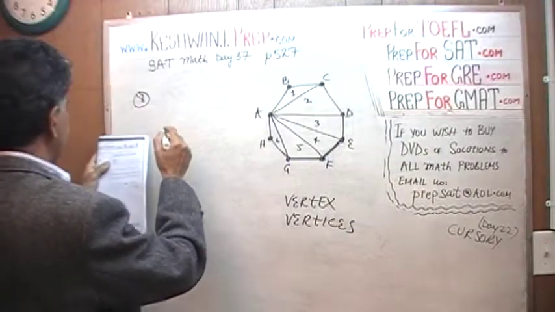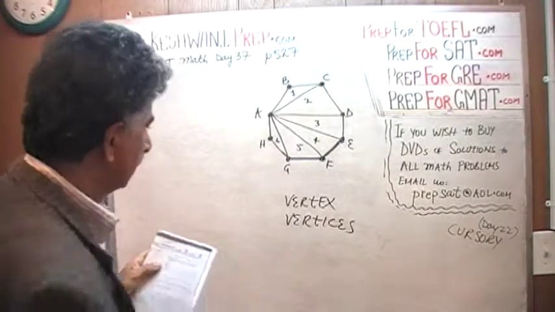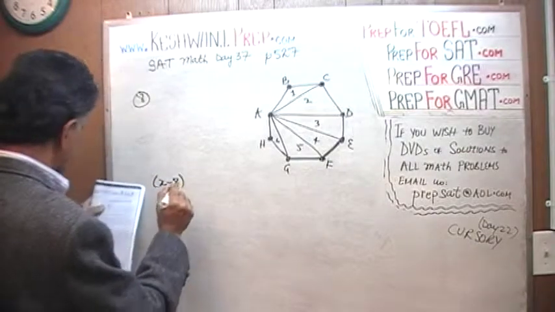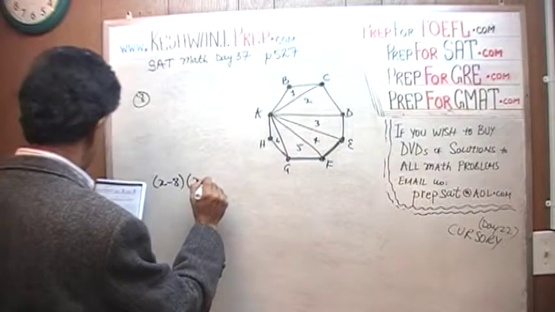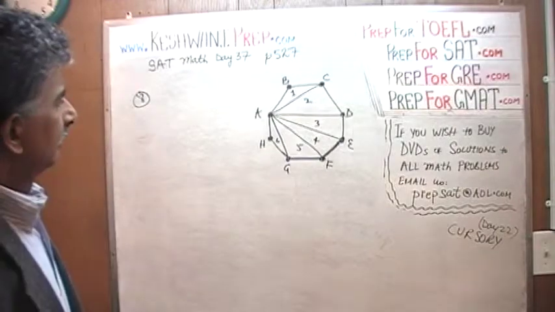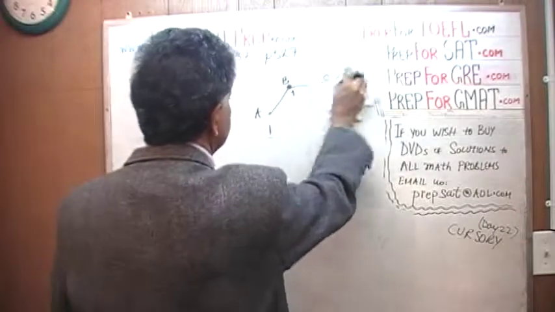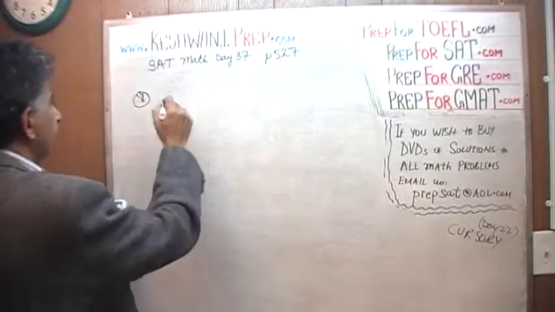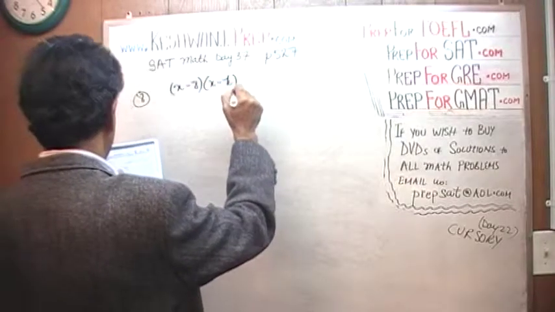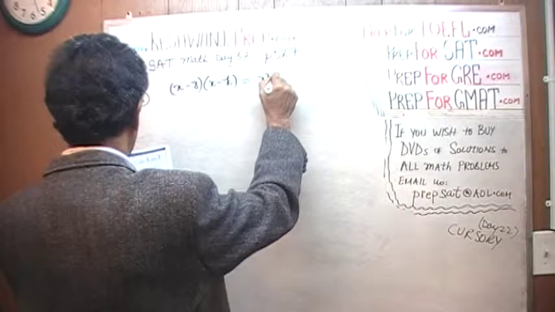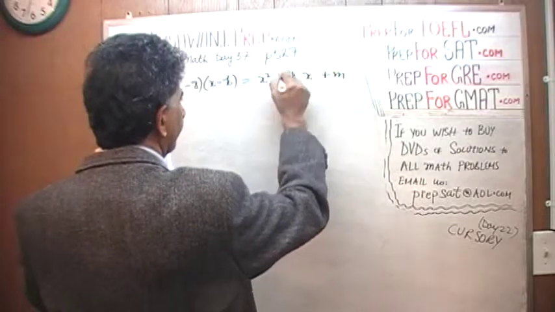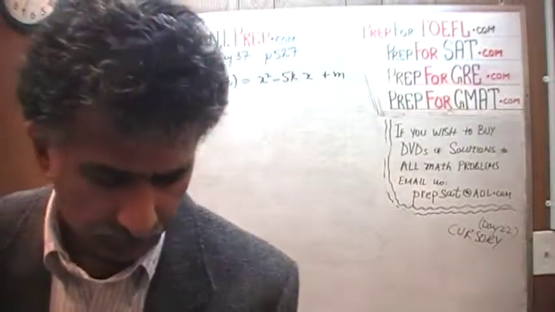It goes something like this: x minus 8 times x minus k equals x squared minus 5kx plus m. Now listen, before we do this problem, I just want to make sure that you understand the basic concept that lies behind it.